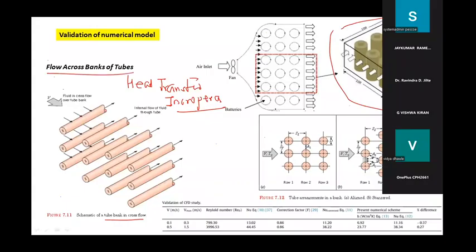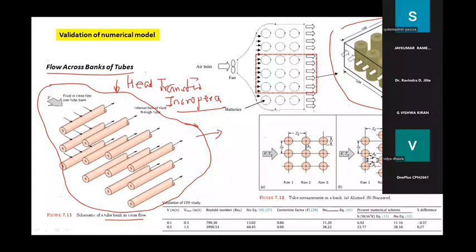Now if you can recall, in your heat transfer course you have taught this concept to the students. Can we use this concept in carrying out the validation?